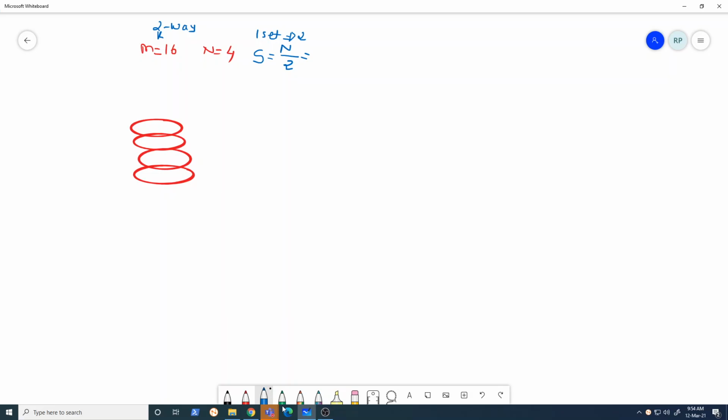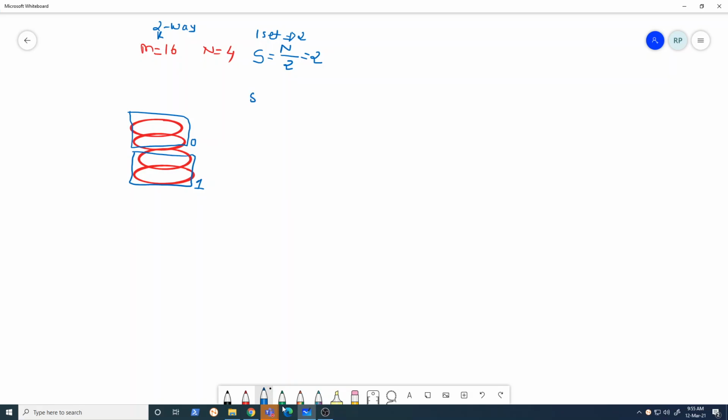So n is 4 and divided by 2 means there are 2 sets: set number 0 and set number 1.